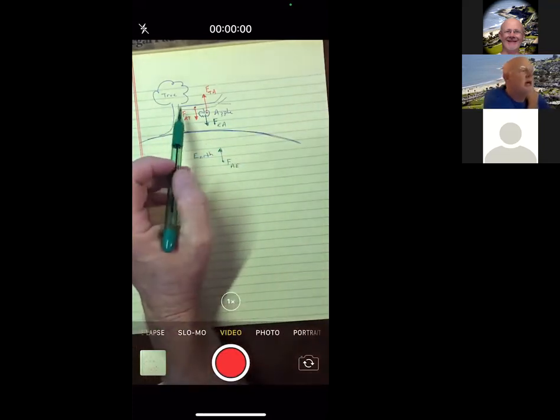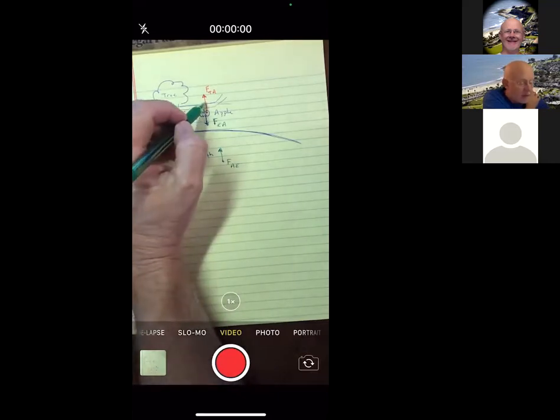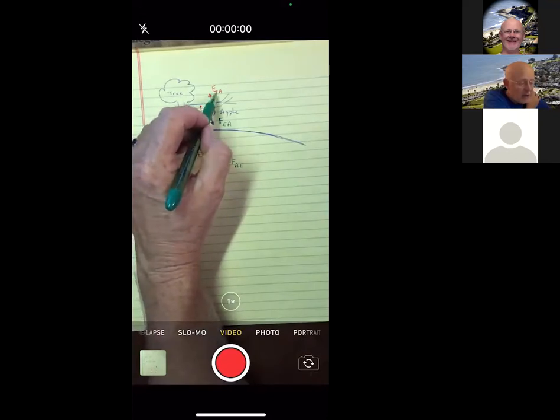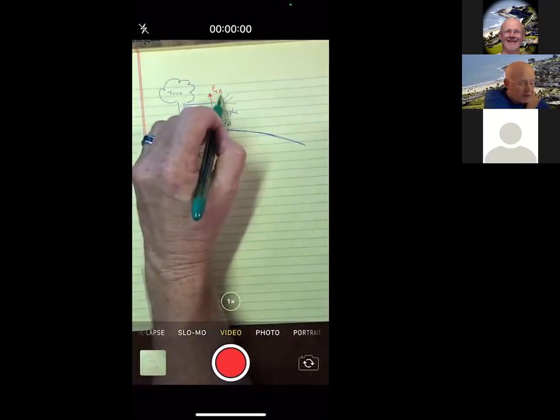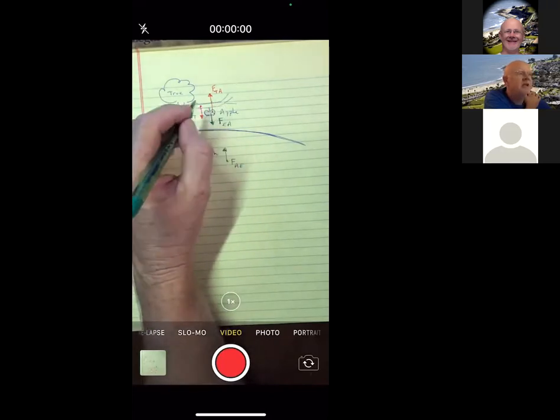The question says, a branch exerts an upward force on the apple in the tree. They're talking about this red one, right? This red one is the upward force on the apple from the tree. That's the first sentence.